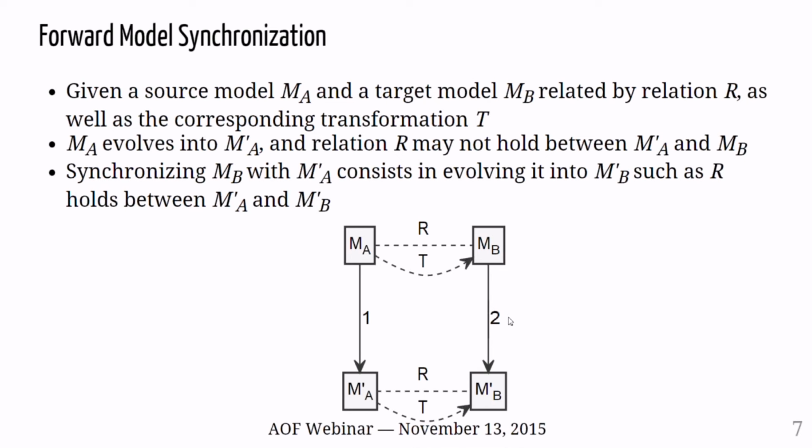The arrow labeled 1 is the change that happened. The arrow labeled 2 is the corresponding change that we have to perform in the target model. In theory, this change will be smaller than the set of actions required to rerun the whole transformation.